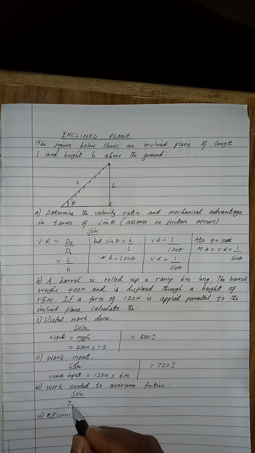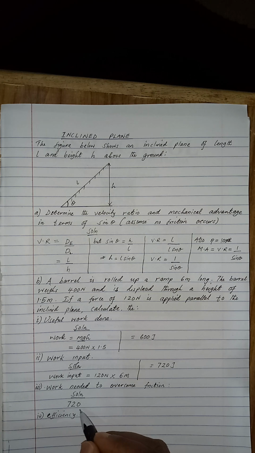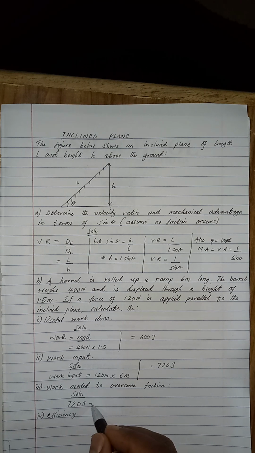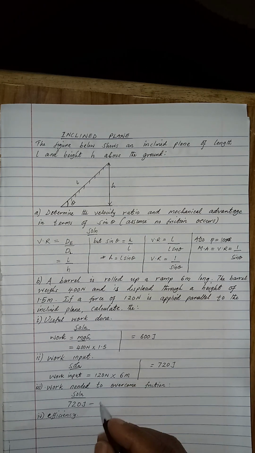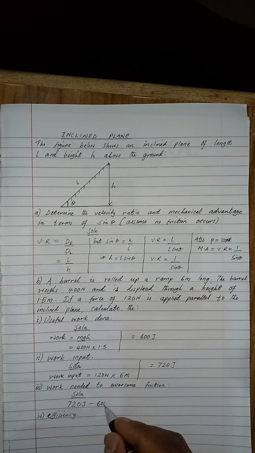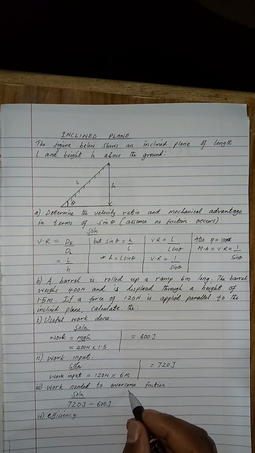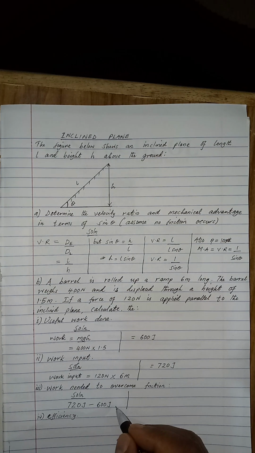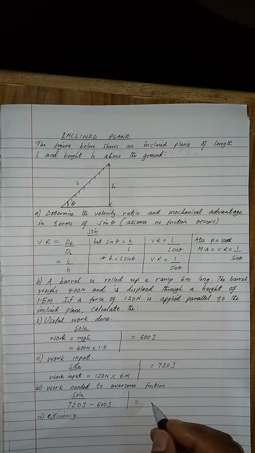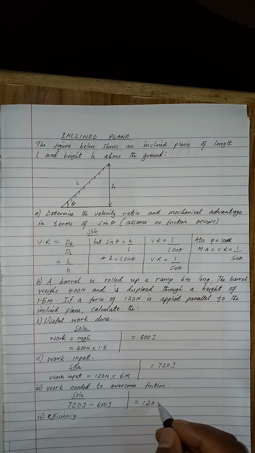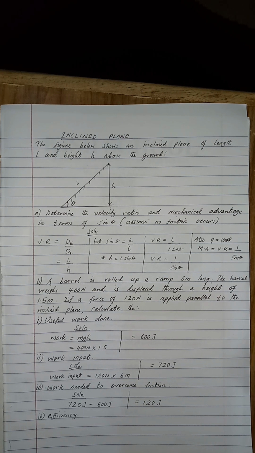So that will give us the work input, 720 joules, minus the work output, 600 joules. That will give us 120 joules.